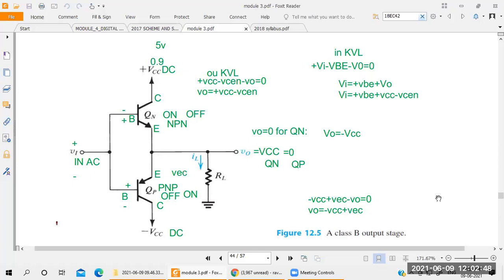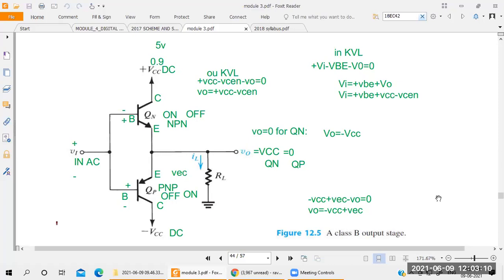In class B, what is the output here? Only a half cycle, that is a 180-degree cycle. But if you use two transistors like NPN and PNP in series here, we'll get a full cycle. From class B, we are making a full cycle by using two transistors in series.